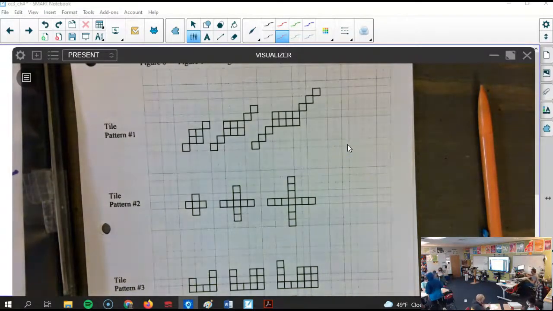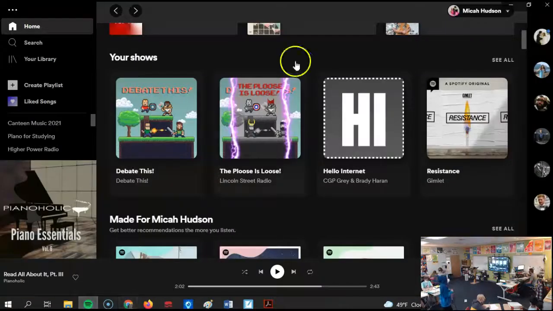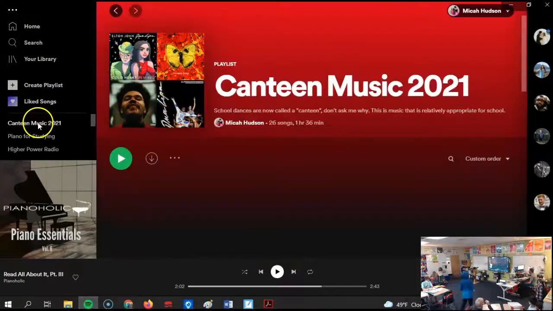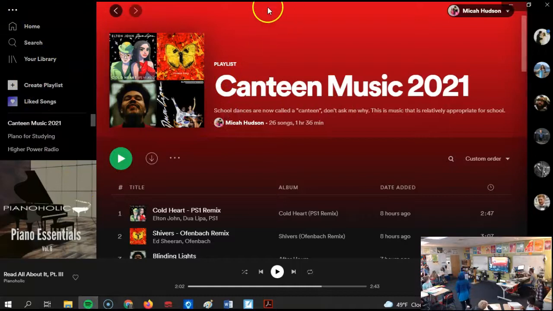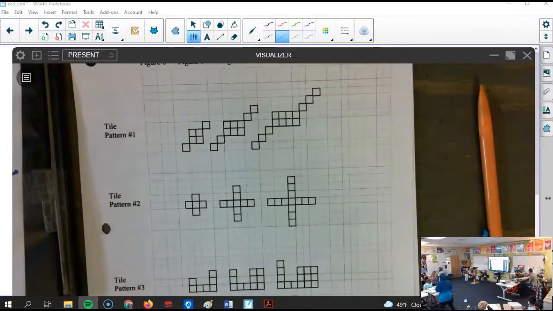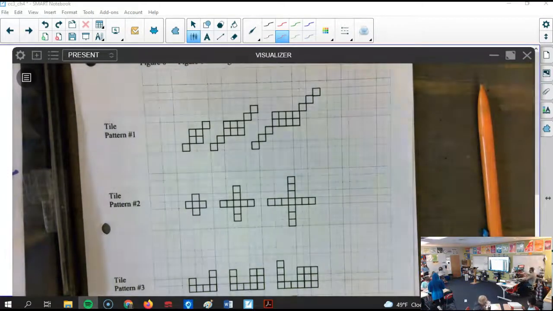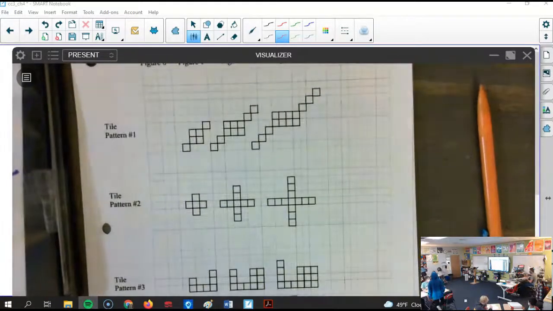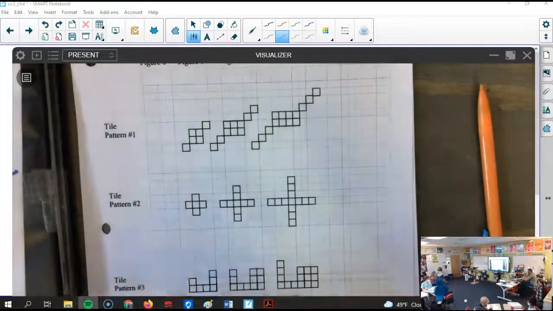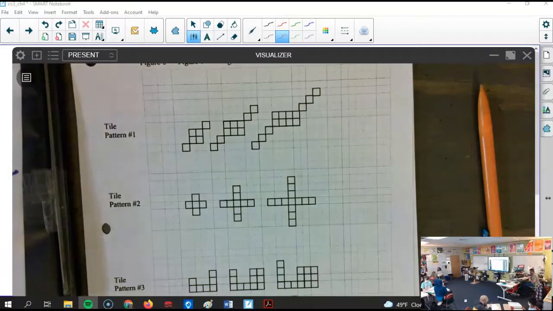You what? My playlist? No, your hat. My hat? I was about to say, I got a playlist going for the canteen. It's happening. I just got to figure out how to turn the lights off. All right. The playlist that Mrs. Howard's having you guys create is getting communicated to me, and I am picking music off of there. So, random cards.